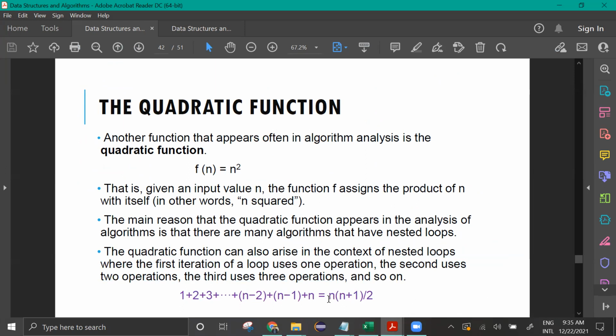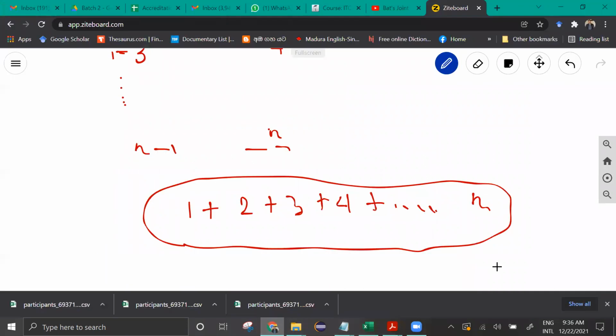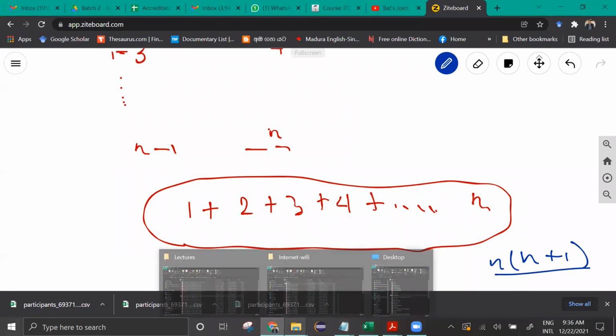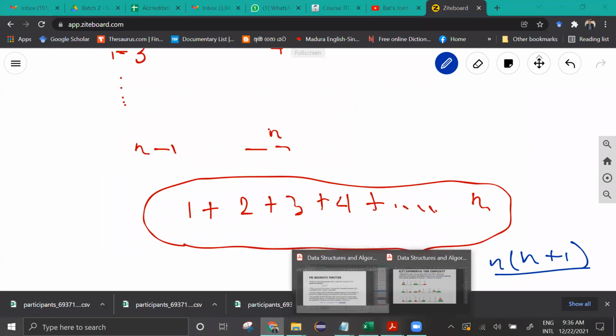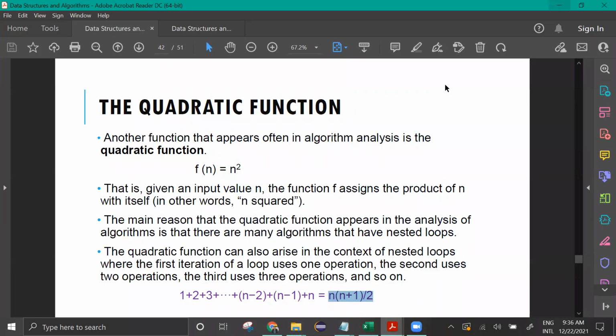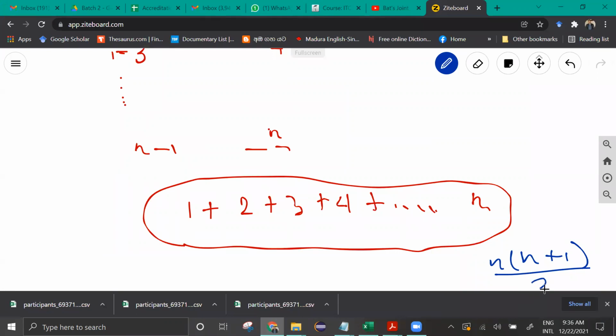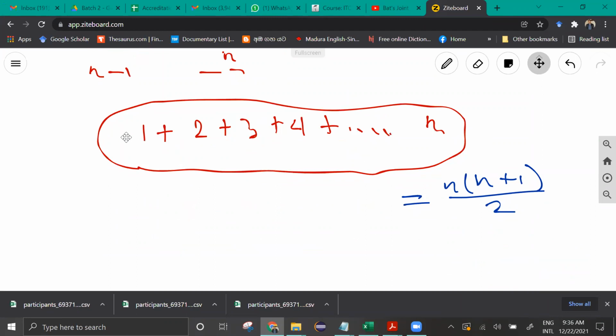So usually the value is n times n plus 1, divided by 2. So this is the answer.